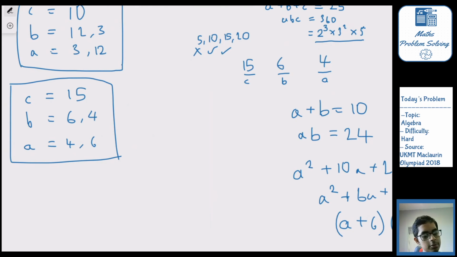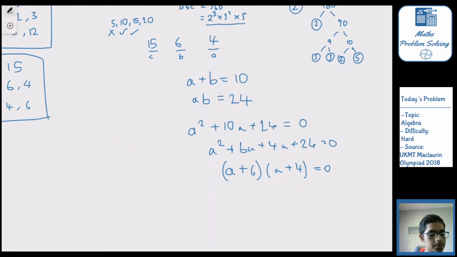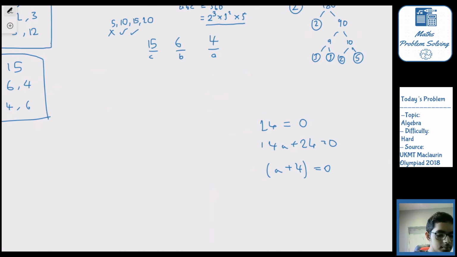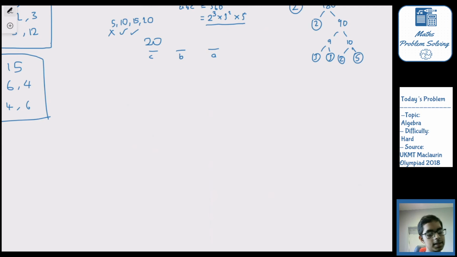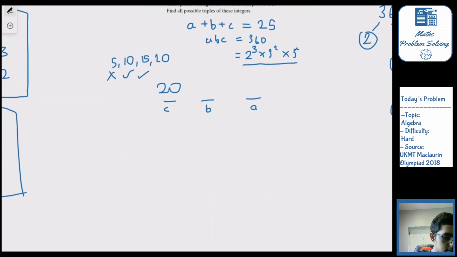Now the final one which we'll have to test is 20. So let's just rub all of this out and try this process again with 20. So when c equals 20, a plus b equals 5. Remember, 25 minus 20, and a times b equals 360 divided by 20, which is going to equal 18.